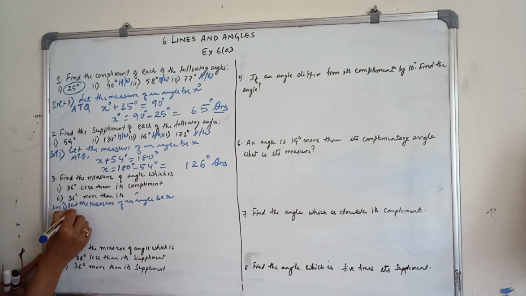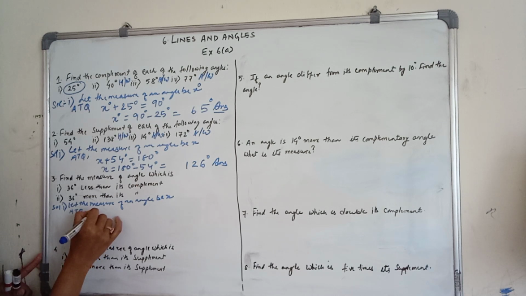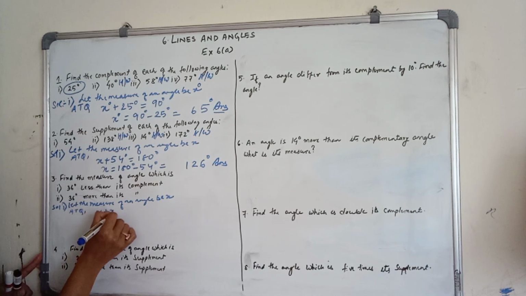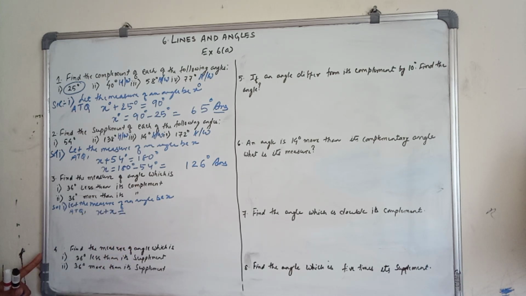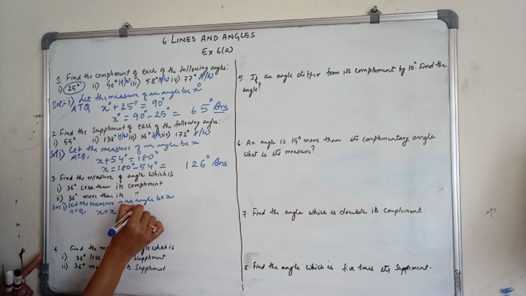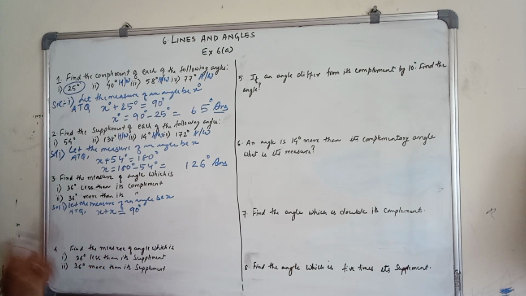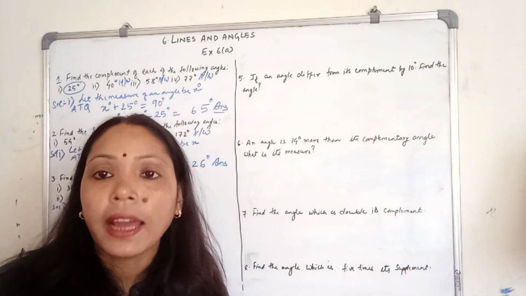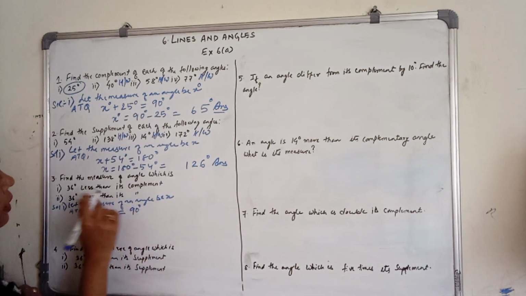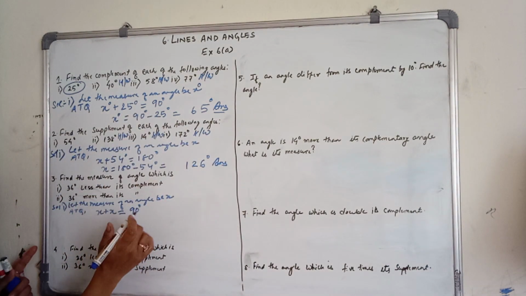Now according to the question, what is it? The sum of the angles x plus x is equal to 90 degrees. First of all we know that x plus x is 90 degrees. Now 36 degrees less than its complement.